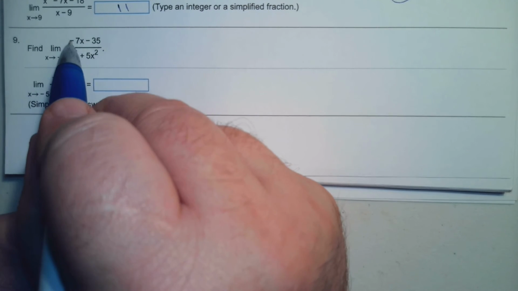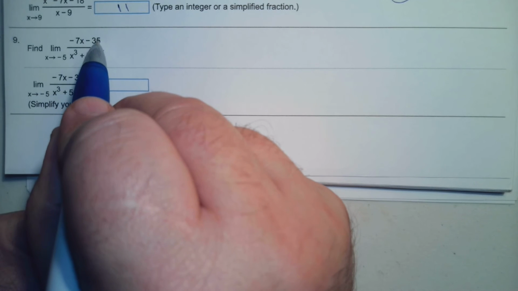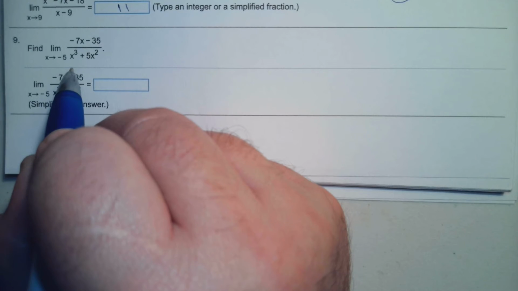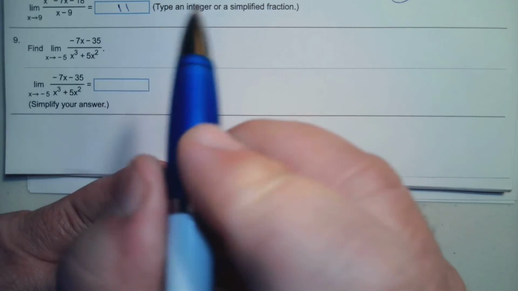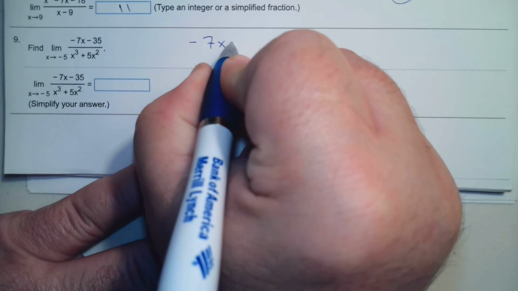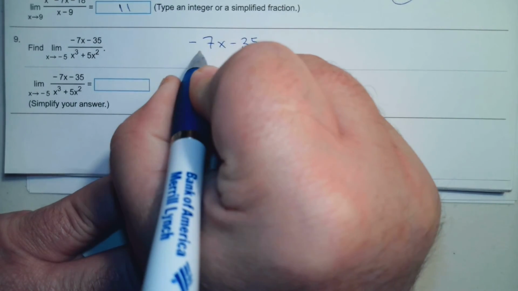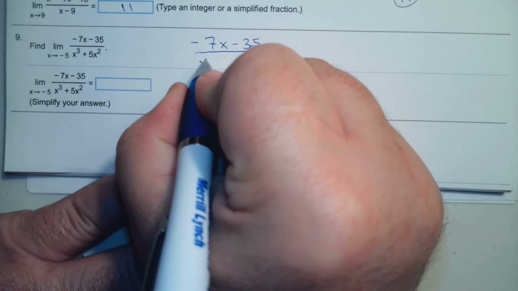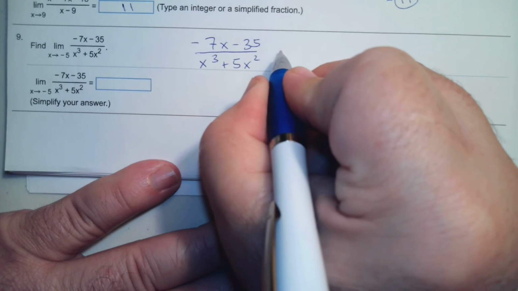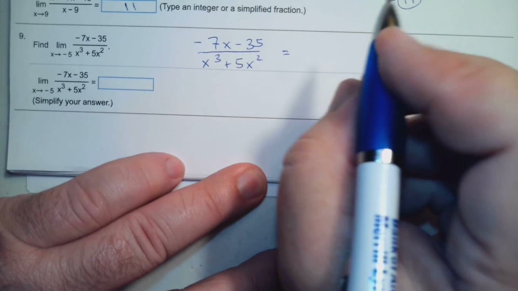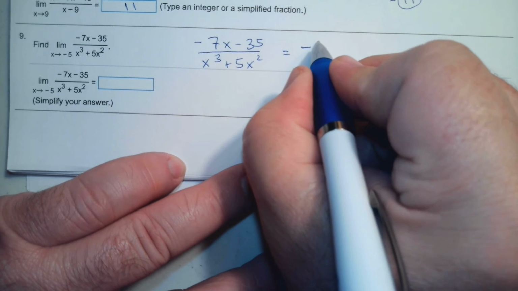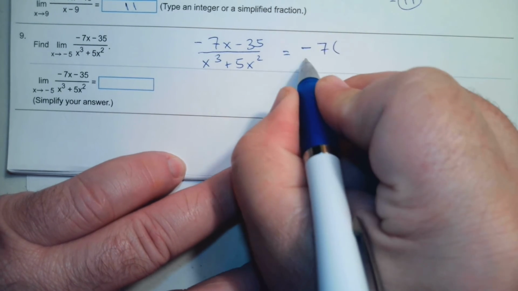Again, if we put negative 5 in there, it's positive 35 minus 35 is 0. Negative 125 plus 125. So we can factor them out. Let's see. So negative 7x minus 35. x cubed plus 5x squared. So we factor out a negative 7 out of the top.